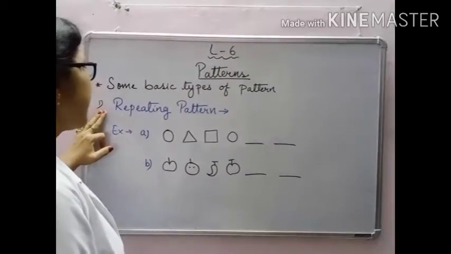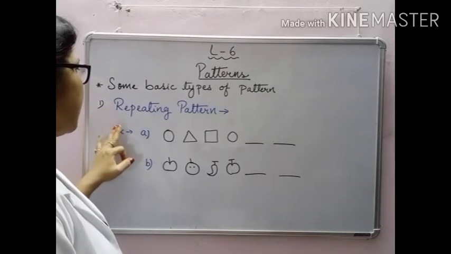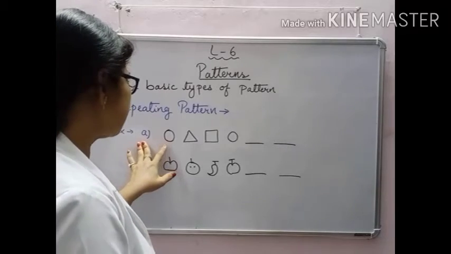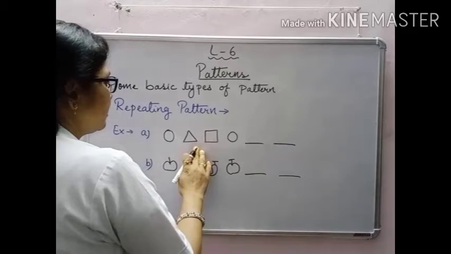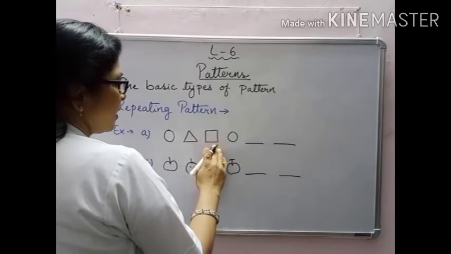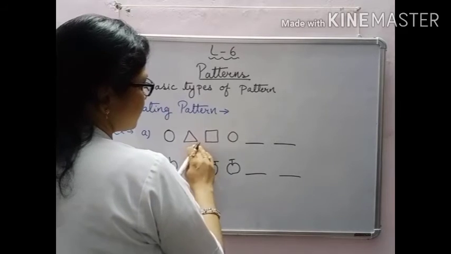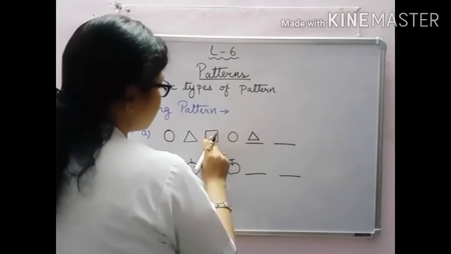Now we are going to study some basic types of pattern. The first type is the repeating pattern. Look, in this example, the first figure is a circle, then a triangle, then a square. Again this is a circle. After that which will come? Triangle. After that, square.